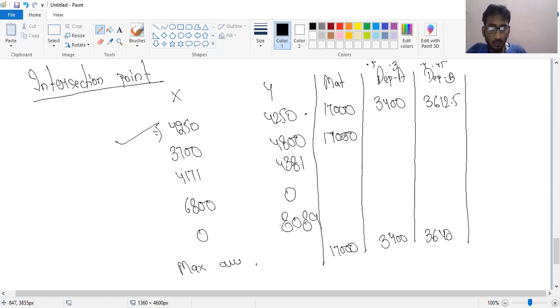So 3700 multiplied by 0.5, 1850, and 4800 multiplied by 0.3.